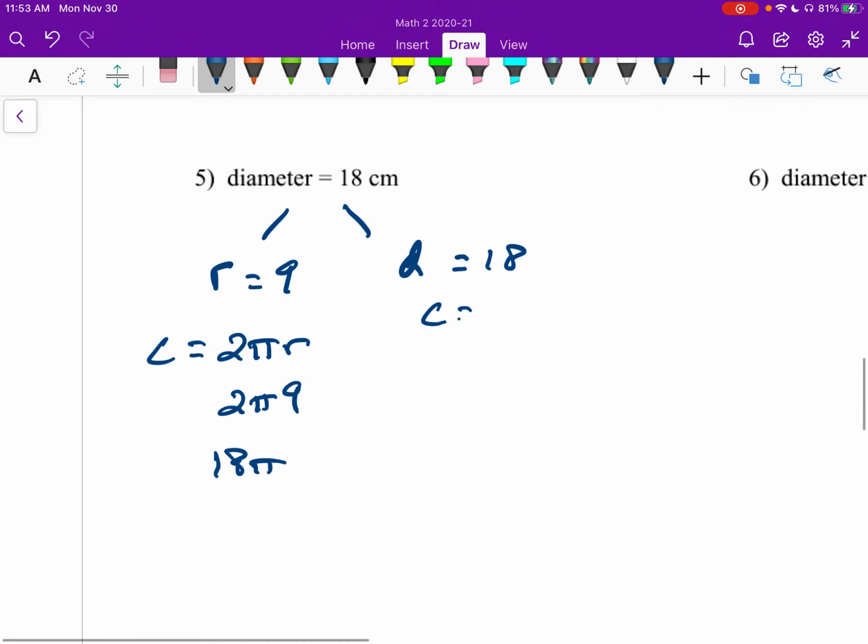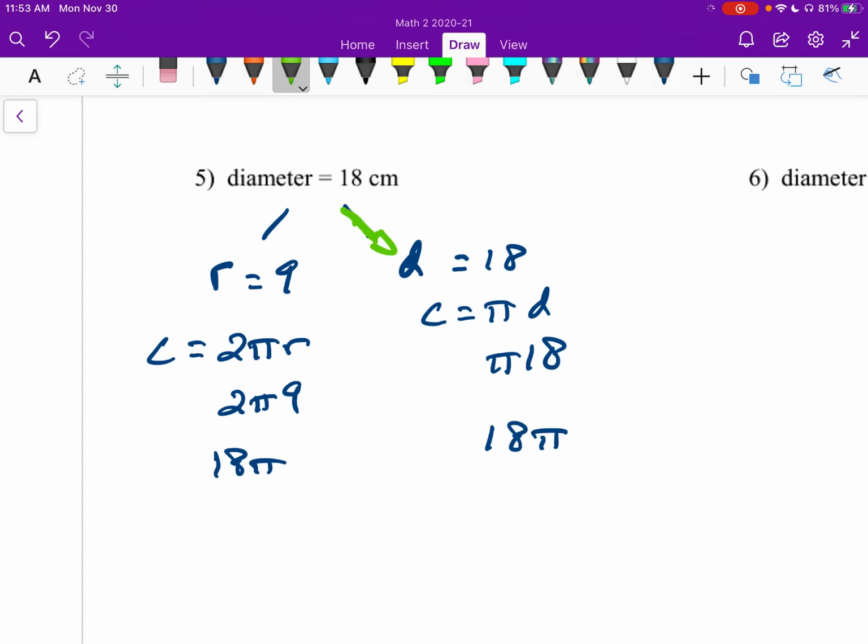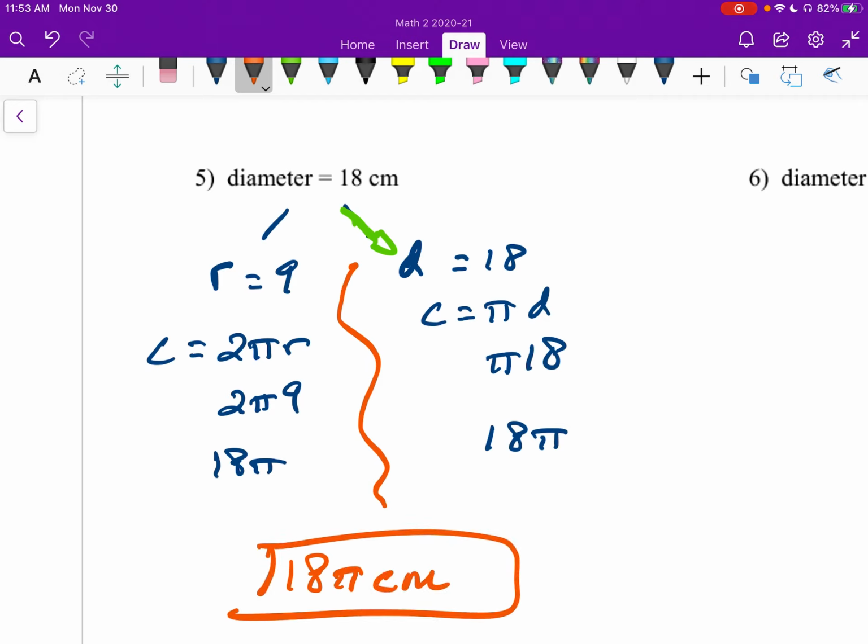You'd say circumference is pi diameter, pi 18, 18 pi. With a lot of these numbers, there's not a whole lot of difference. I think this one might be slightly easier to go the radius route. I don't know, whichever one you're more comfortable with. But you don't have to write both of these down. I'm just showing you 2 different ways that you could go about this problem. And the answer would be 18 pi centimeters, because we need to use our units.